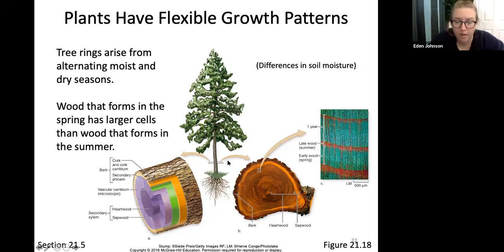So when you are looking at the lines, the actual physical lines are that late wood, and the spaces between the late wood is that spring wood. Okay, so wood that forms in the spring has larger cells than wood that forms in the summer.